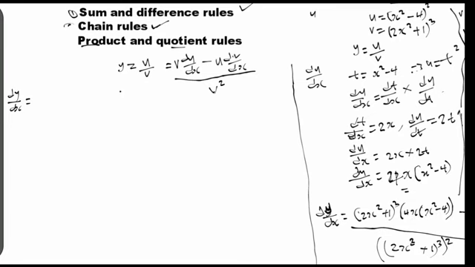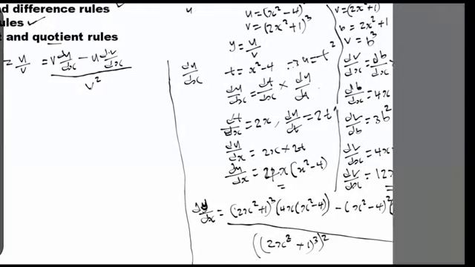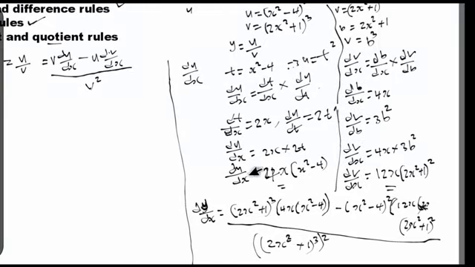If you look at these parts, let me try to solve it in a very fast way. We have 2s squared plus 1 raised to the power of 3 and raised to the power of 2. It is common to both sides. We have 2s squared plus 1 raised to the power of 2 here, and s squared minus 4 raised to the power of 1 here. It's common here. So you can pick the common factor outside. If I pick this one, the highest is power of 3 and the other is power of 2, so you pick the lowest.